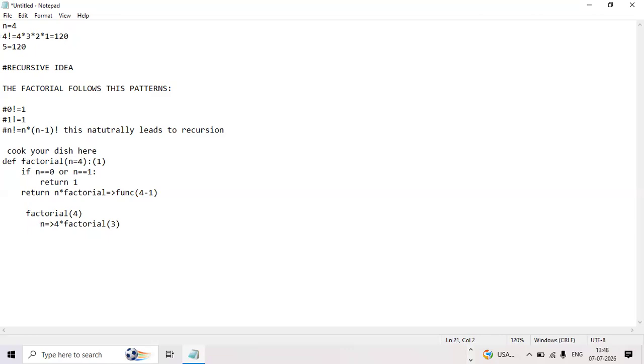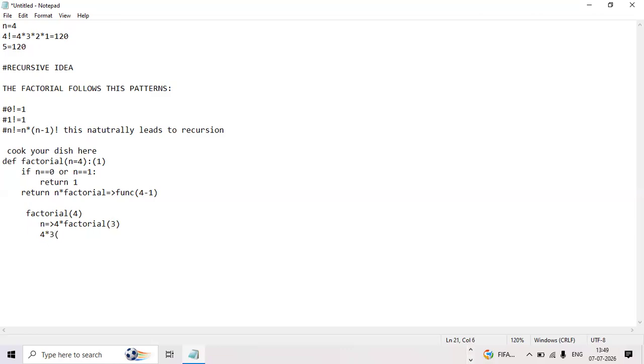We are moving forward in the same way. Then 4 into, this 4 is there again, and this 3 is also there, because now we have to move this 3 from here to here.